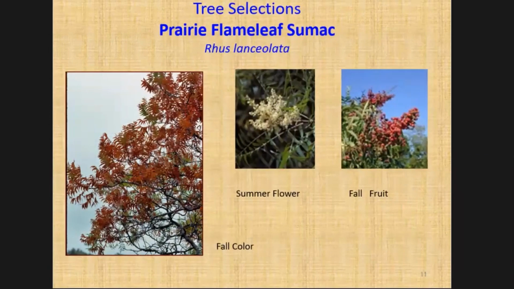Okay, this is another understory tree in this group that we're talking about now. This is the flame leaf sumac, the prairie flame leaf sumac, and over here is its color in the fall. It has summer white flowers, and then right after, the fall colors are usually just a bright red flame, looks like a flame, right?